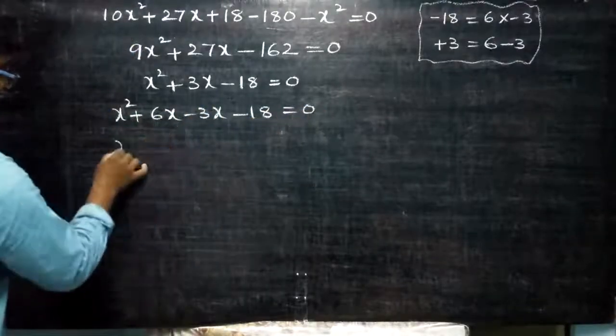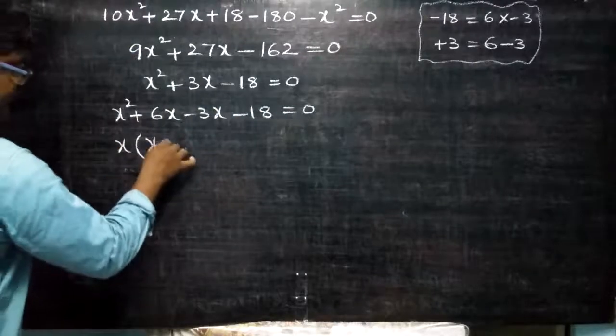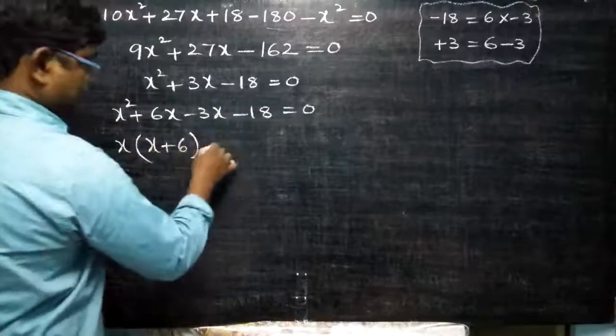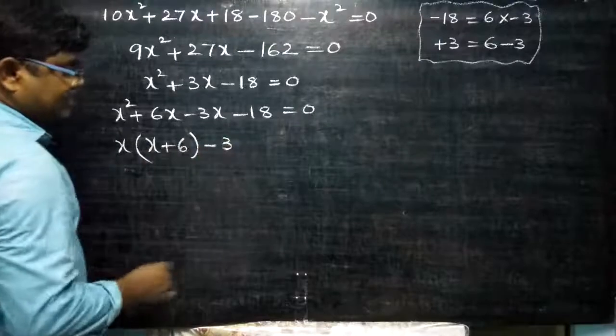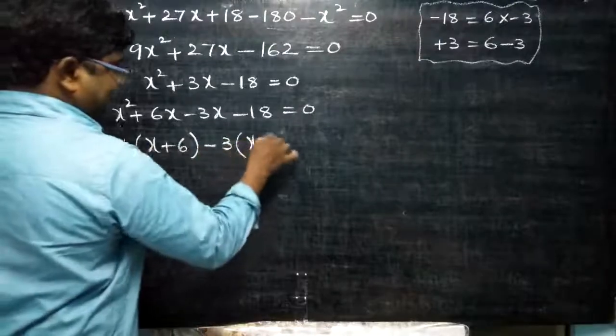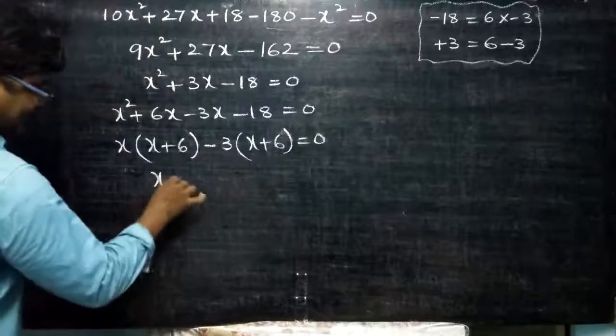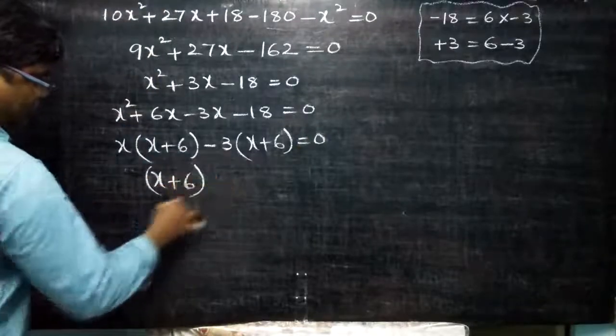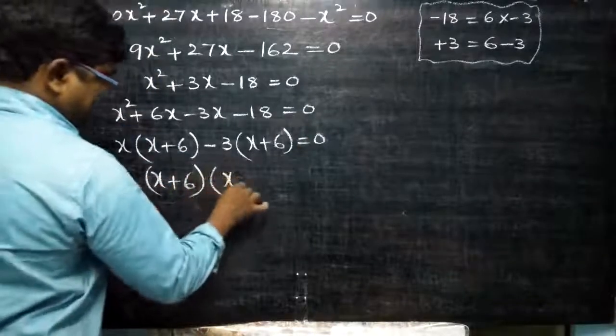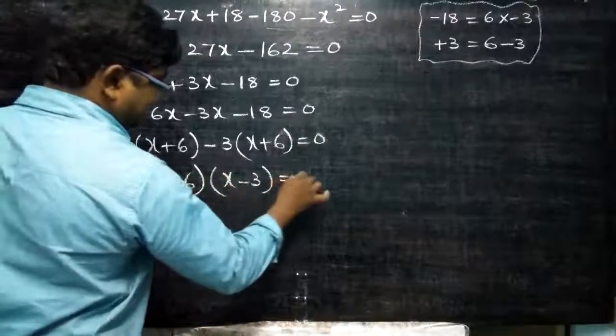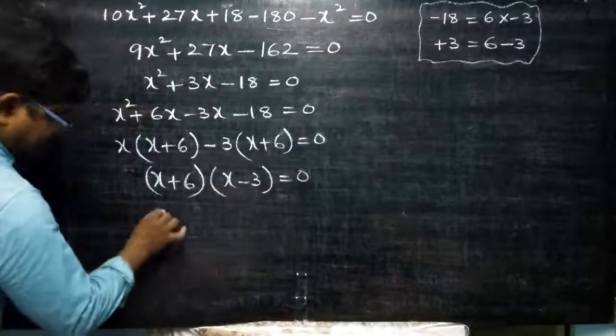From the first two terms you can take x common: x plus 6. From the next two terms you can take minus 3 common. So x plus 6 in the first bracket as it is. On the whole, x plus 6 is common and the remaining is x minus 3, that is equal to 0. When will it be 0?